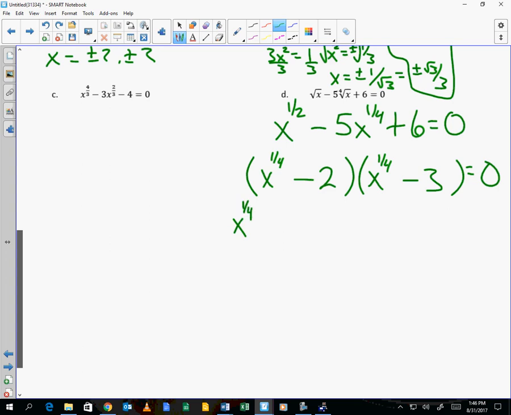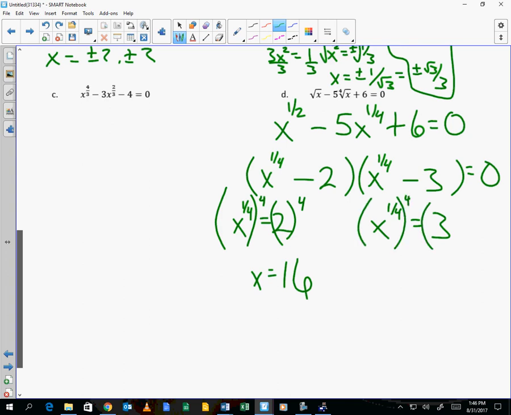So I'll end up with x to the 1/4 is 2, and x to the 1/4 is 3. How do I solve those? Fourth power. X is 16, and x is 81. And the nice thing is if you plug in 16 and 81 back in there, you do come up with 0.